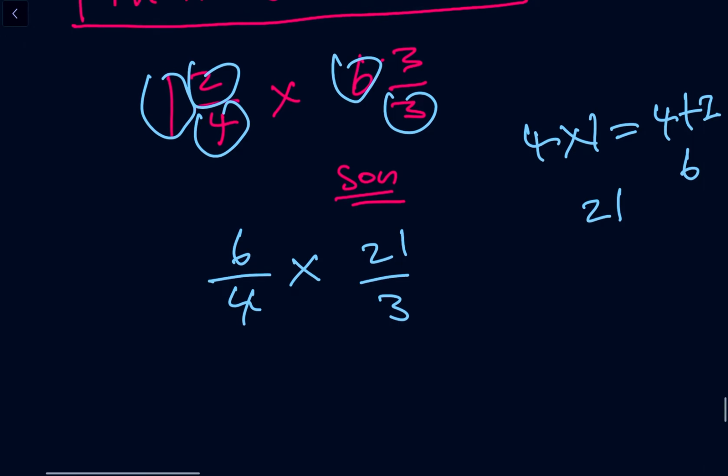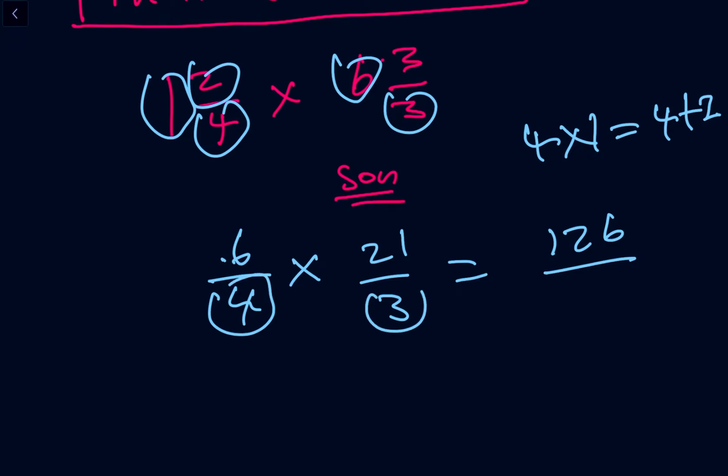Multiplying fractions is easier because you don't have to do all the little things that we did for adding and subtracting fractions. Here all we have to do is multiply across. You have 6 times 21, and you end up getting 126, divided by 4 times 3, which is 12.